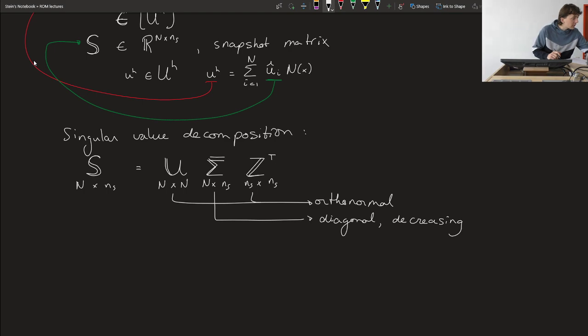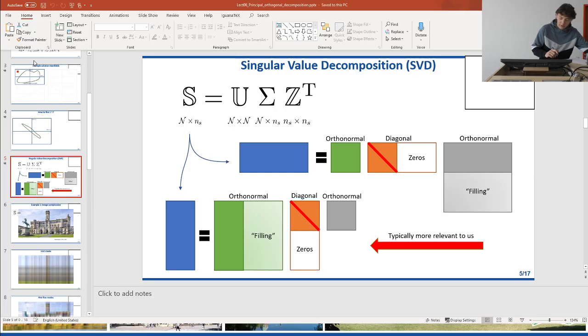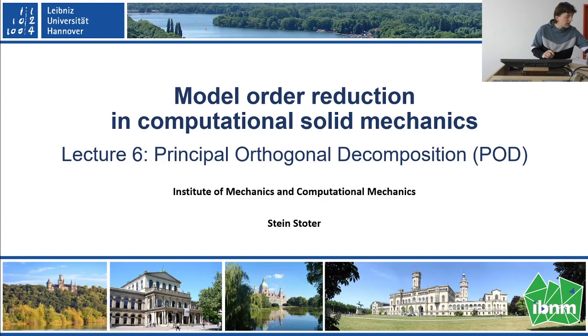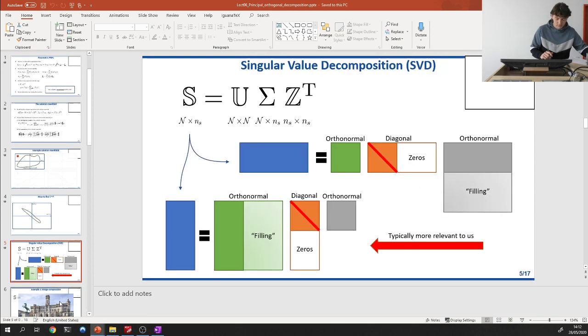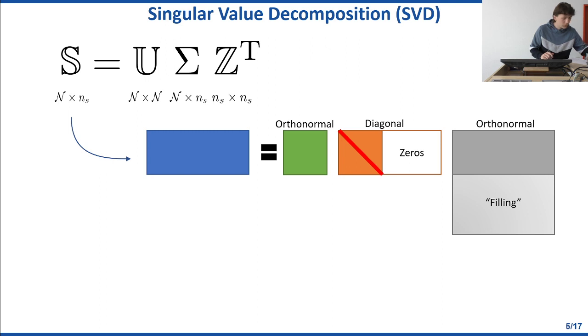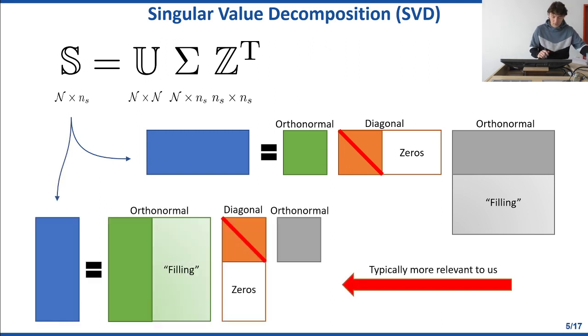And I had some illustrations of that for the two relevant cases. This is showing what the matrix sizes would look like if you compare the different matrices.